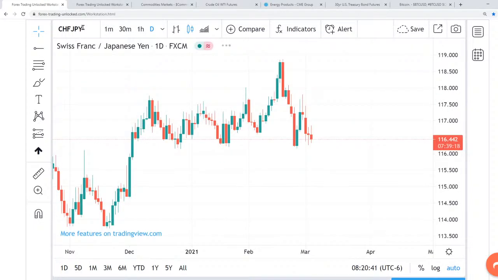Now this one you wouldn't normally look at. This is kind of interesting. Flight to quality. Remember we were talking about the dollar overtaking the Swiss. It's also overtaking the yen, but the yen is actually stronger versus the Swiss right now. Probably because the Japanese yen is not going to be drained by multiple other countries like the Swiss is.